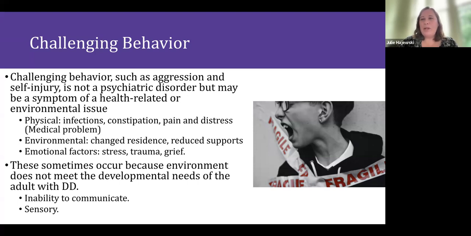So just remember, something like an ear infection may present as behavioral challenges, and we need to have our mind open to evaluating for those other things. Constipation could result in someone sitting in the bathroom digging at their rectum. That is not a behavioral problem. That may be a, I don't feel good, I can't poop and I need help. So being open to that and thinking about just not assuming that a behavior is a behavior. All behavior is communication, and we've probably all heard that many times.